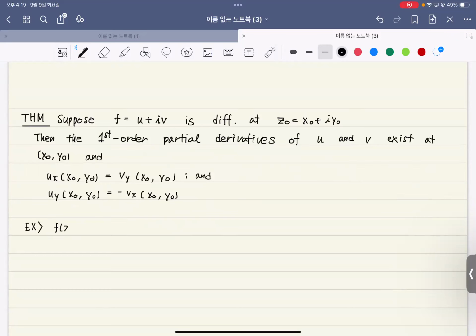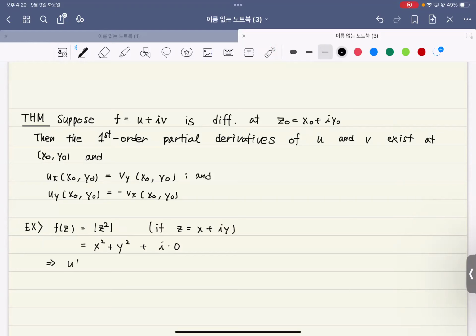Okay, now let me turn to this modulus function, which is z squared. Let me try to decompose this function into the real and imaginary part. But this is very easy. Writing down z as x plus I times y, this function is simply x squared plus y squared, plus I times 0.